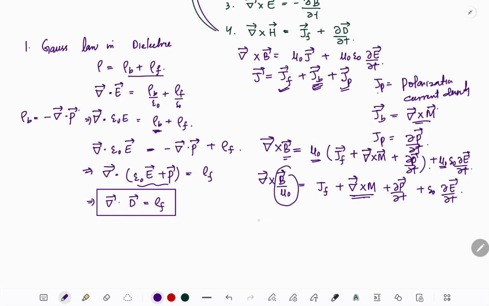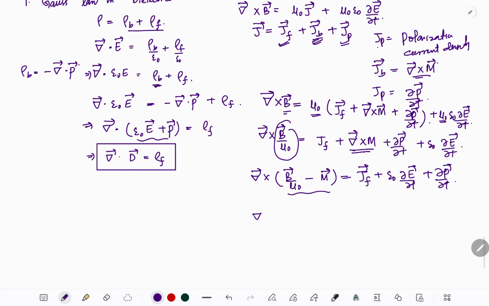Take this curl common: del cross of B by mu 0 minus M equals JF plus epsilon 0 dou E by dou T plus dou P by dou T.